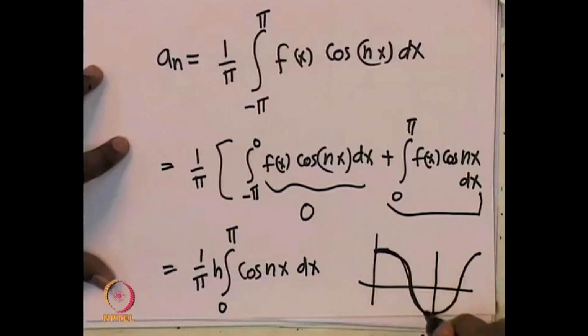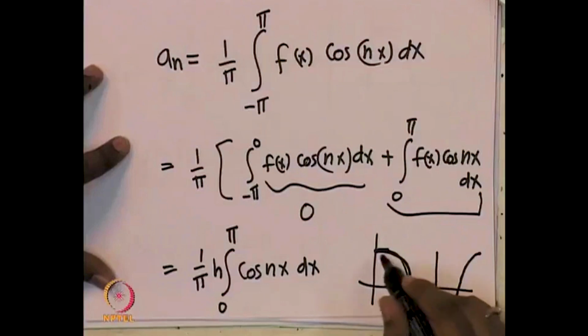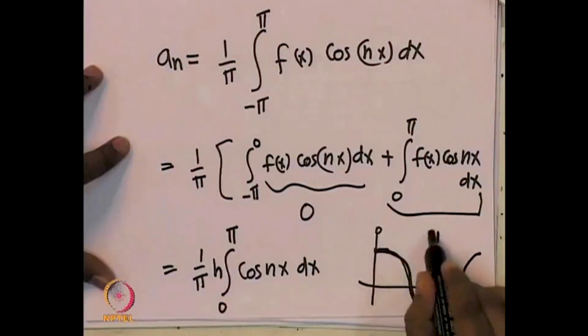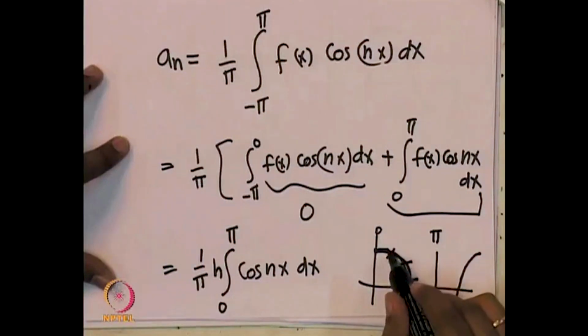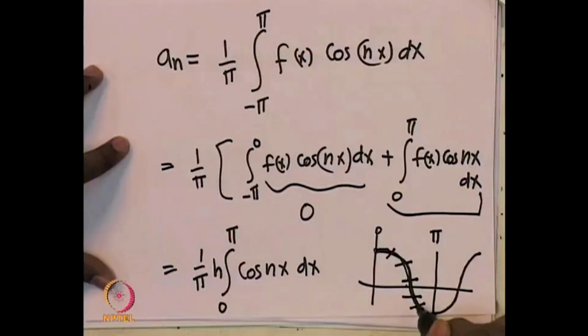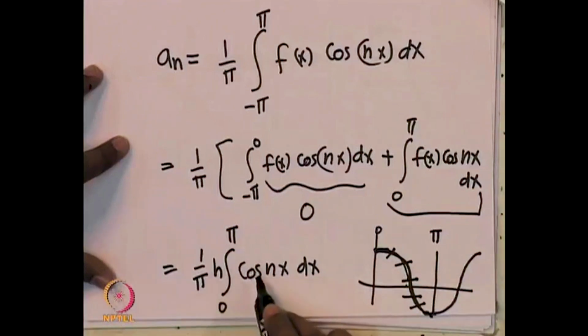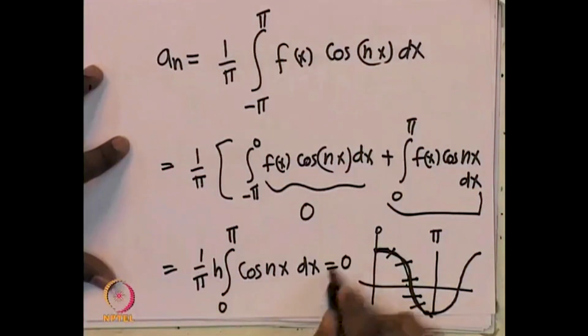So, the positive part and negative part will give you 0. For each positive value there is a negative value. So, integral 0 to pi cos n x dx is essentially 0.